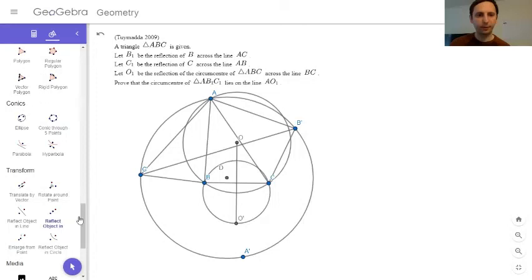Basically we're saying if we want to show that A, B prime, A prime, C prime is cyclic, is kind of what we want to show.